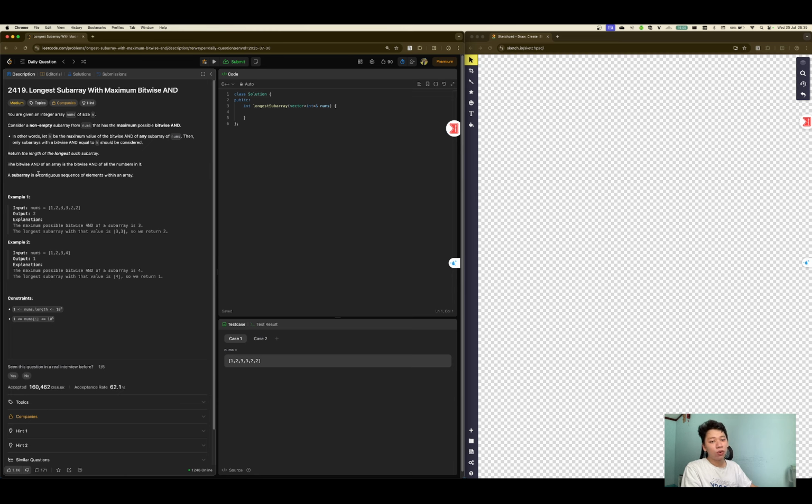Overall, we just need to find a subarray in this nums so that its length is largest. But the first condition we need to consider is that the bitwise AND of that subarray is the maximum one. Okay, let's look at the constraints.